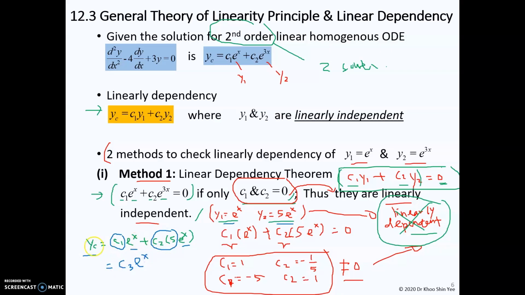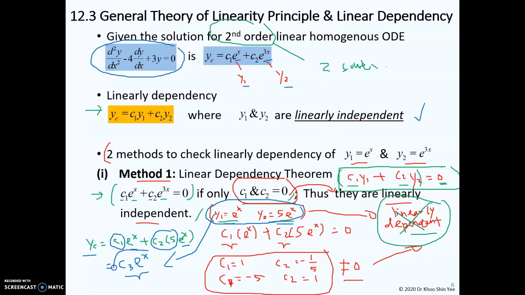So you see the complementary solution only consists of one solution instead of two. So when you have linearly dependent solutions, instead of obtaining two solutions, you only obtain one. So this is not good. For a second order homogeneous ODE like this, you should obtain two solutions which are linearly independent from each other.